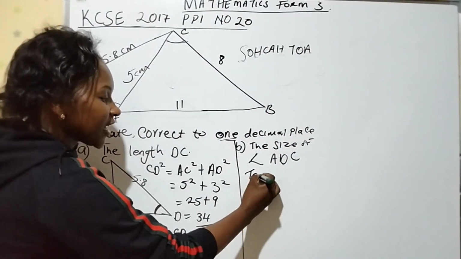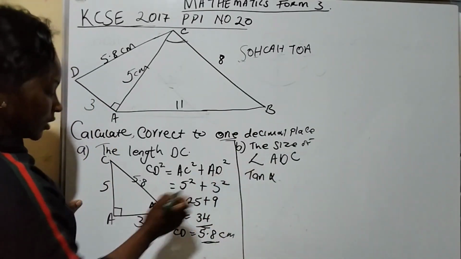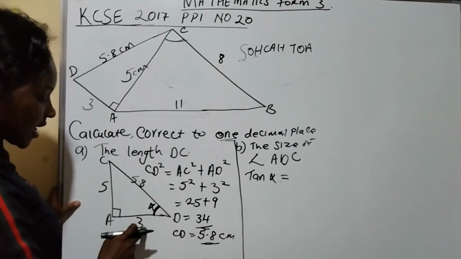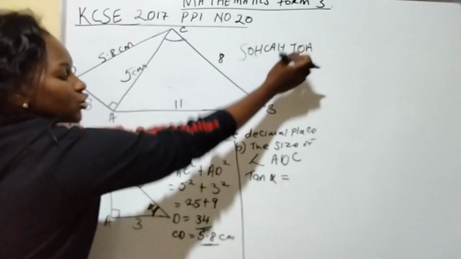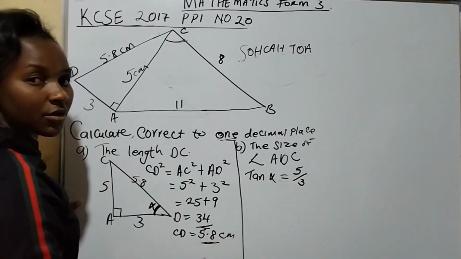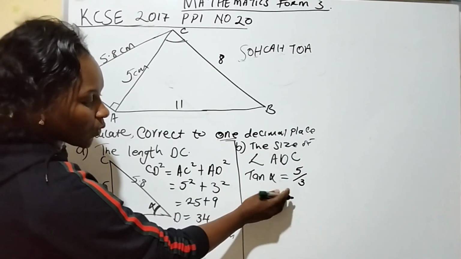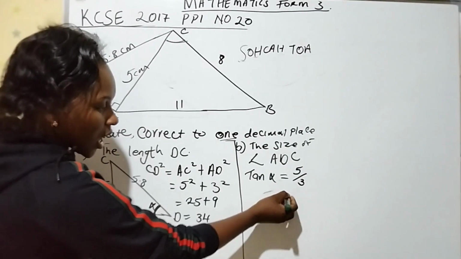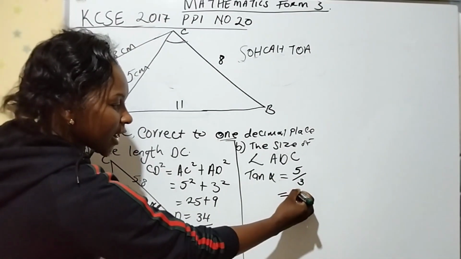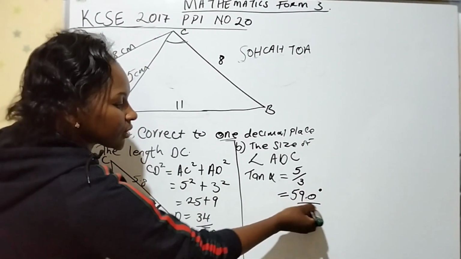So we have tan alpha equals opposite over adjacent, TOA. So opposite, which is 5, divided by 3. And that means we are going to have our alpha as 59.0 degrees.